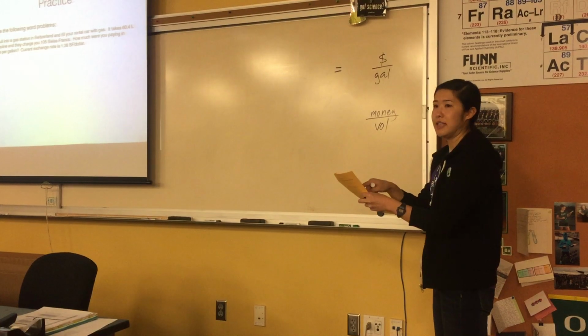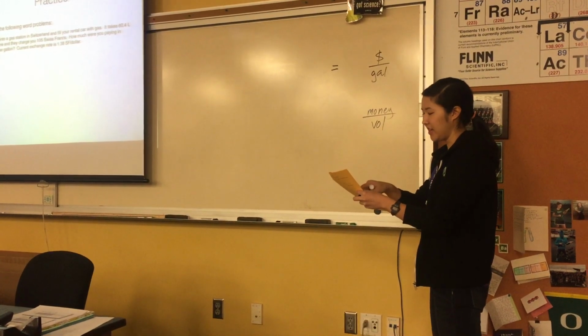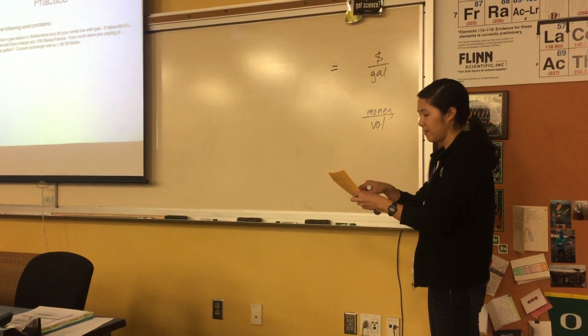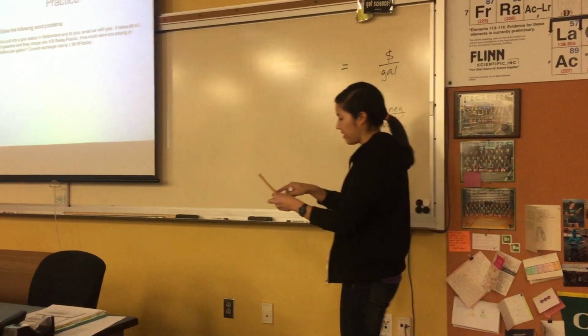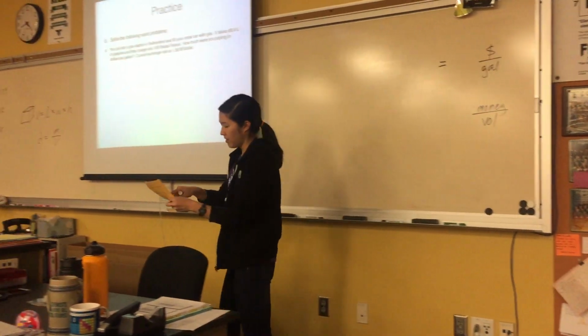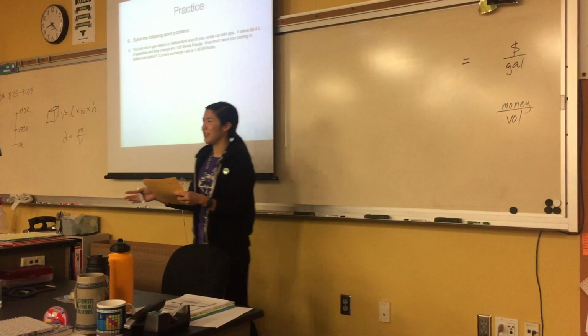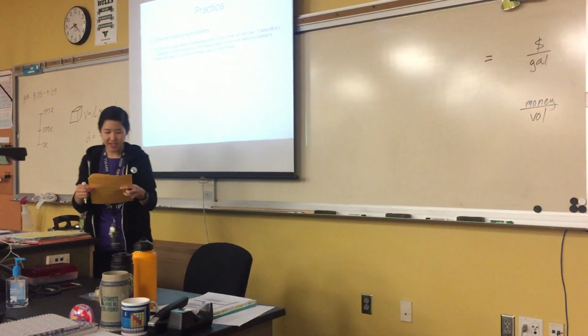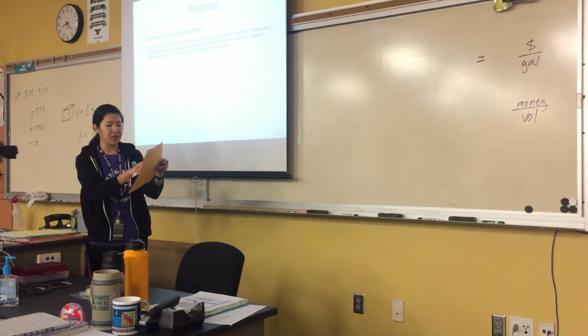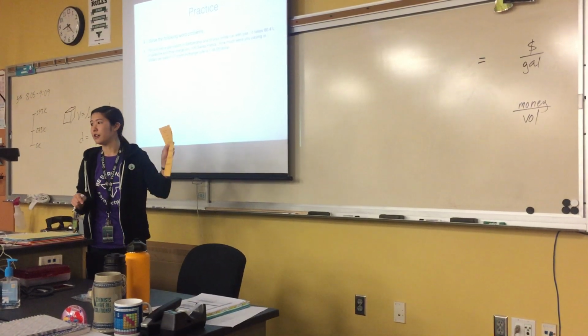But if you need money on top, volume on the bottom, and you read through this problem, where is some money? Where's a number that is associated with money in the problem? 105 Swiss francs. Right? So that's money, in case you weren't sure. Swiss francs, it is money. So we can use that Swiss francs. That's kind of related to dollars.